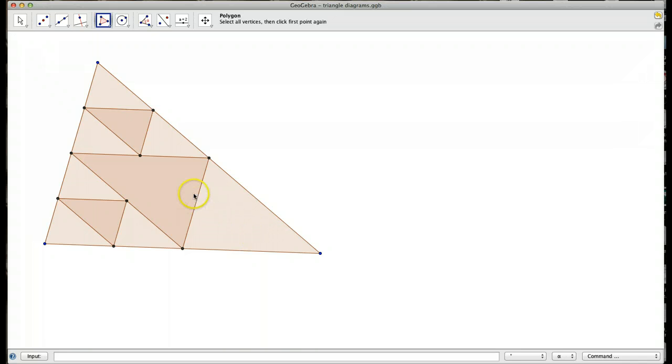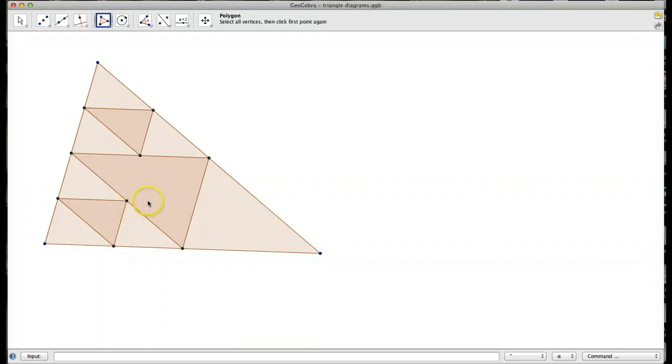We might note that each time we cut a triangle through its midpoints, we obtain from that one triangle 4 new triangles, so the number of triangles increases by 3.